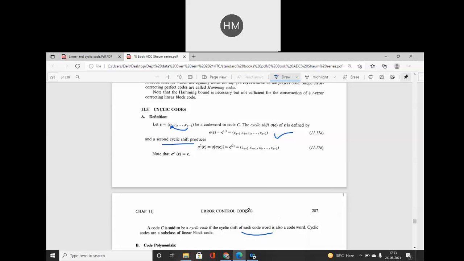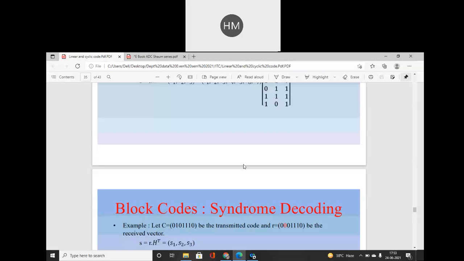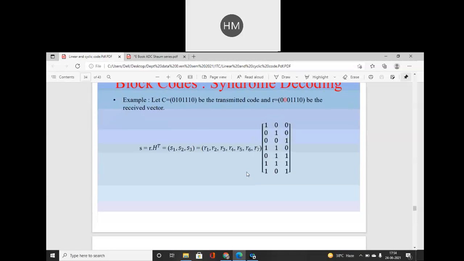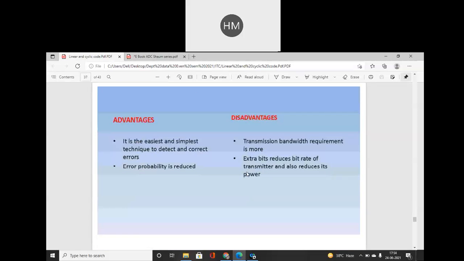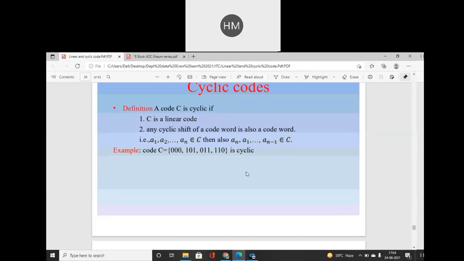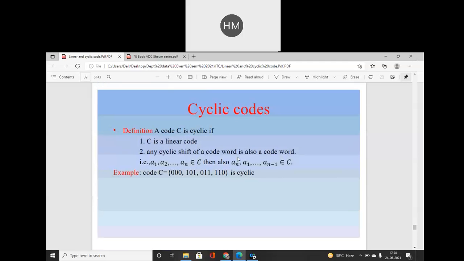Is it clear? I will show you this example. You can check whether this code C is cyclic or not. In your copy, take this example: C is a linear code, and any cyclic shift of a code word is also a code word.